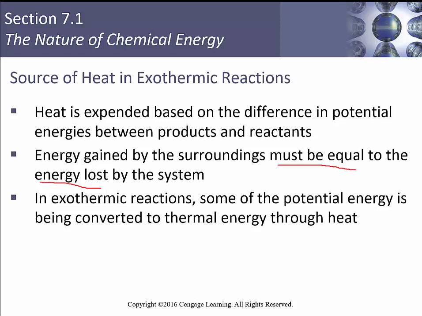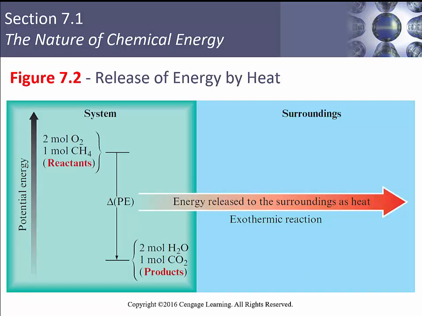In an exothermic reaction, and that's most of our reactions, some of the potential energy is being converted into thermal energy or heat. In this diagram, we've got a potential energy diagram where energy is on our y-axis. And we've got a reaction between 2 moles of oxygen and 1 mole of methane.